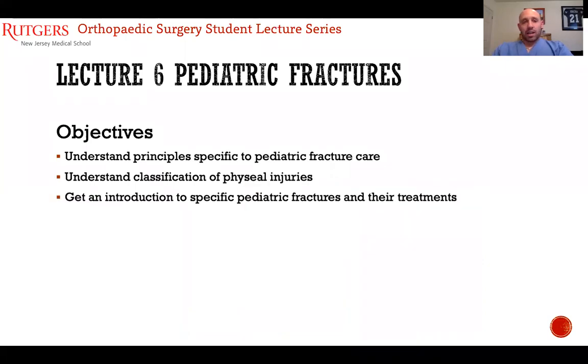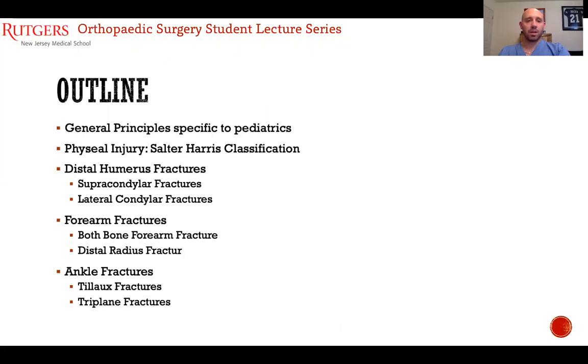Also, in this lecture, we hope to understand principles specific to pediatric fractures, understand physeal injuries and what classification system to use, and then get a little bit of an introduction into specific pediatric fractures, ones that we see commonly, and then how to manage them and what their treatment options are.